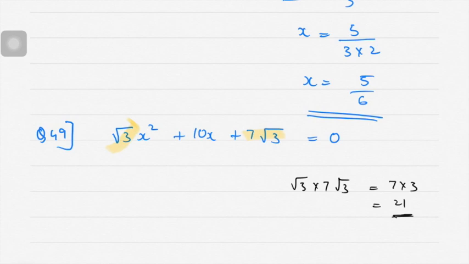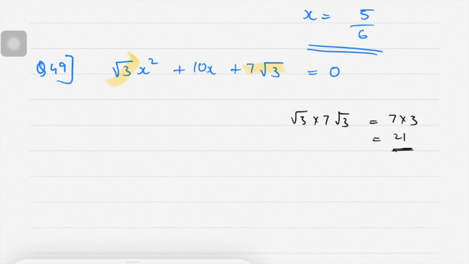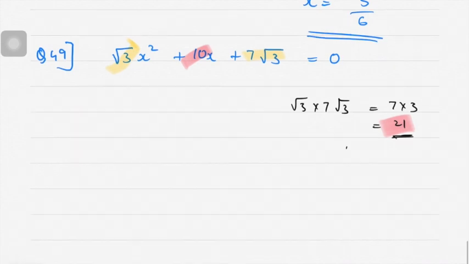So 7 into 3 is 21. Now you have to find two numbers whose multiplication is 21 and sum is 10. The sum should be 10, and when you multiply it, it should be 21. So let's find those two numbers.